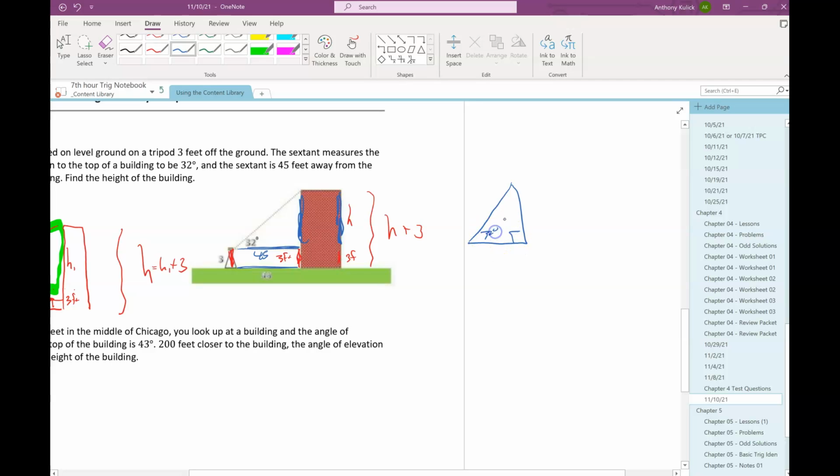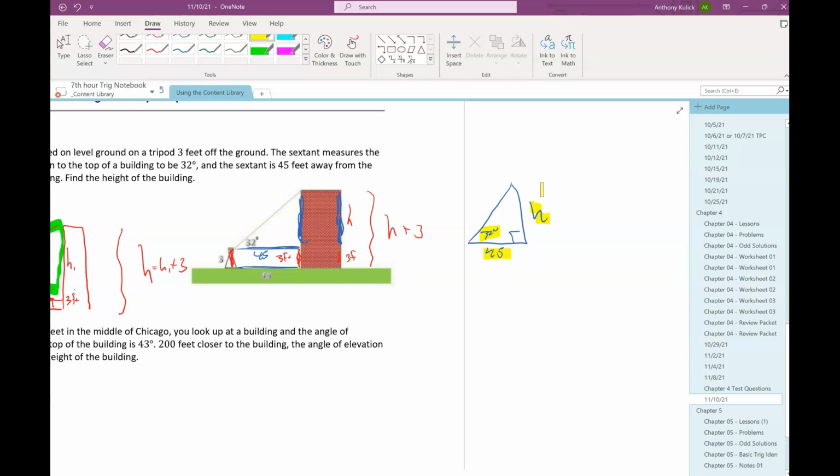So what I really am looking for is this right triangle, 32 degrees, this is 45, and that's the piece I'm looking for. Looks a lot like the solving right triangle problem we just got done with. So I'm going to be using SOH CAH TOA. Which one do I want to use, sine, cosine, or tangent? Relative to the angle I know, I have adjacent, and this one is opposite. The hypotenuse is the longest side.